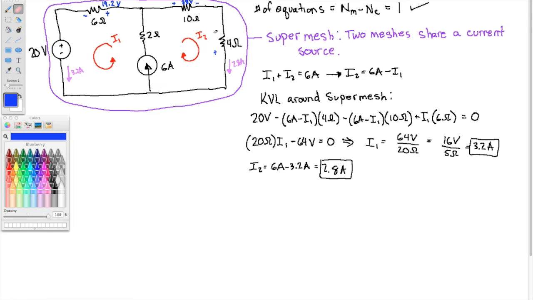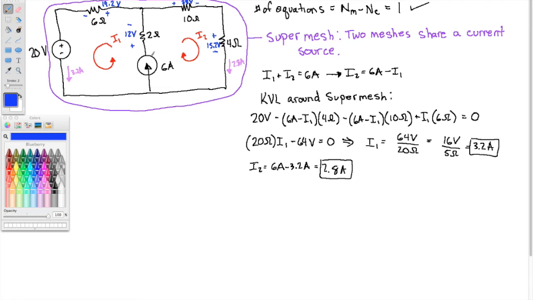Similarly, I've got 2.8 amps through the 4 ohm resistor, and it's going from top to bottom, so the drop is also from top to bottom. 4 times 2.8 is 15.2 volts. Alright, so the voltage across this resistor, I've got 6 amps through it, going from bottom to top, so the drop is also bottom to top. 6 amps times 2 ohms, that's 12 volts.